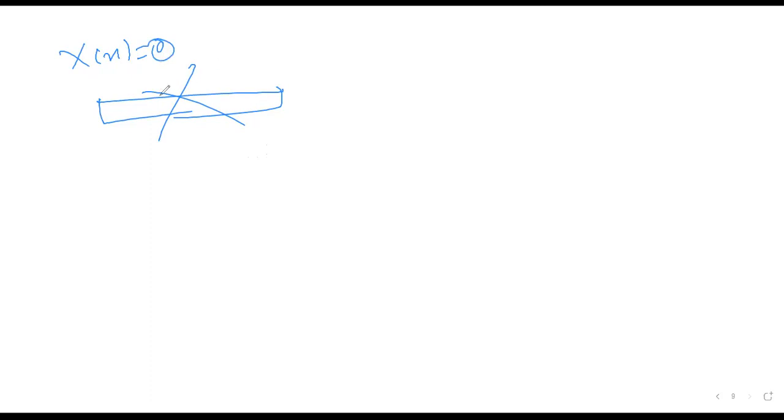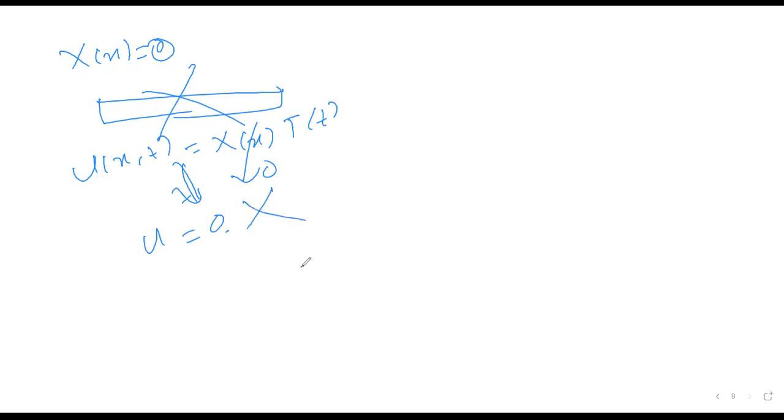So how come it worked in this process? I have u of x, t, with x and t parts. If it is 0, totally my answer will be 0. I am expecting something related to this kind, but if I get u equal to 0, this is not a proper answer.